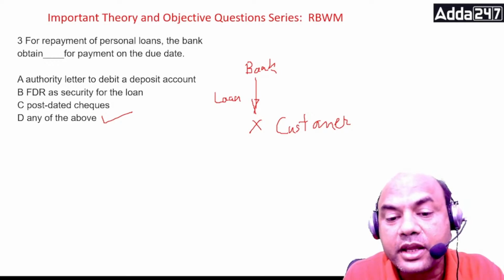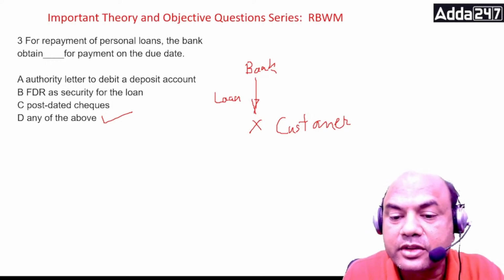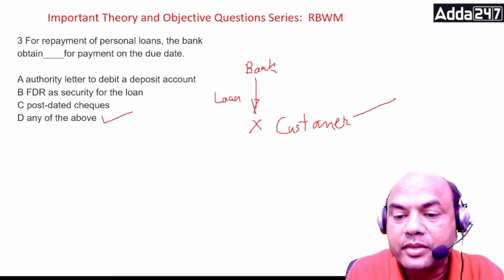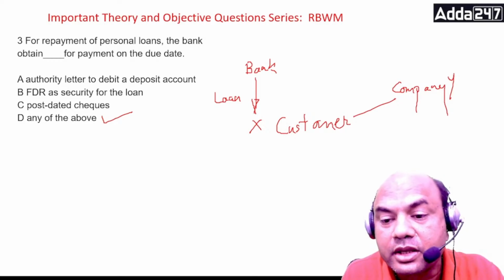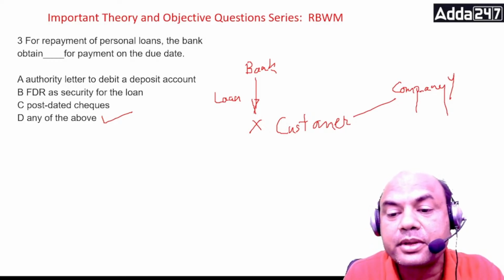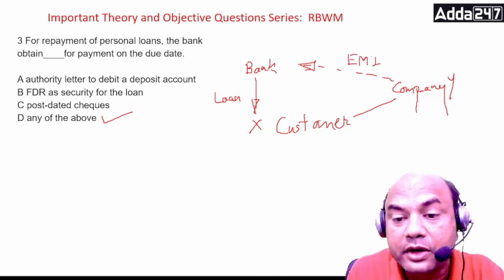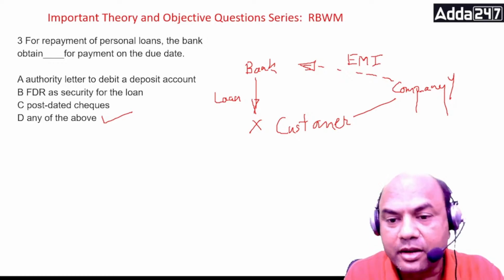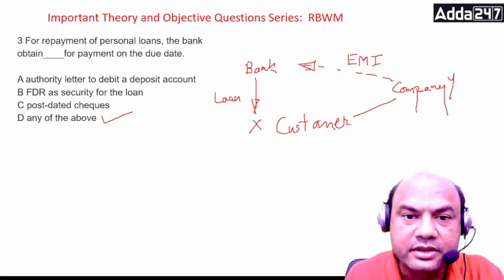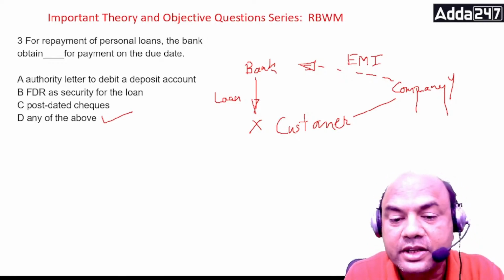Okay, but the EMI of this customer is working with company Y. So this customer is working with company Y. So what will this company do? This company will debit the salary of this customer and pass on the EMI. EMI will be given by this company directly to you, and remaining salary will be given to this person. Okay. So what is this facility called as?